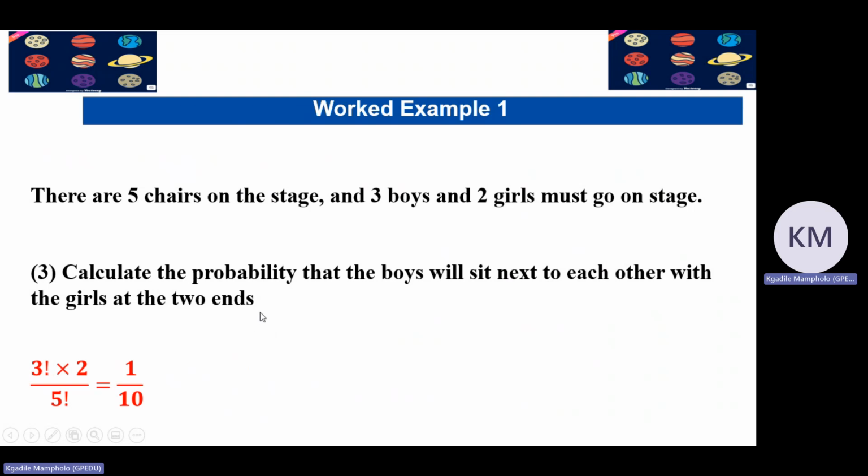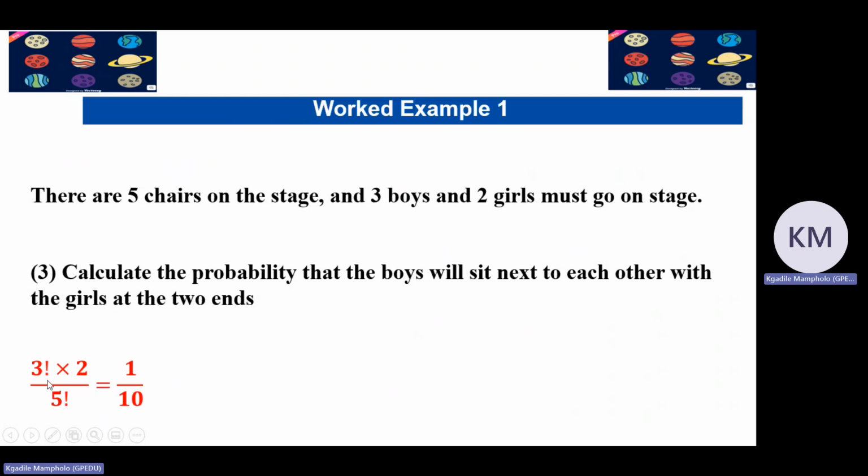But if I say girls sit next to each other, boys sit next to each other, it simply means that it will be 3 factorial times 2 because they sit next to each other, but they can be on both ends. But here, boys on one end, girls on one end. So the probability will be 3 factorial for boys.